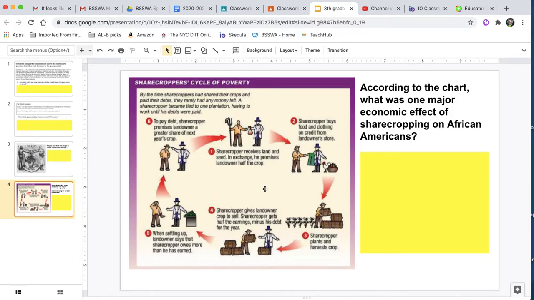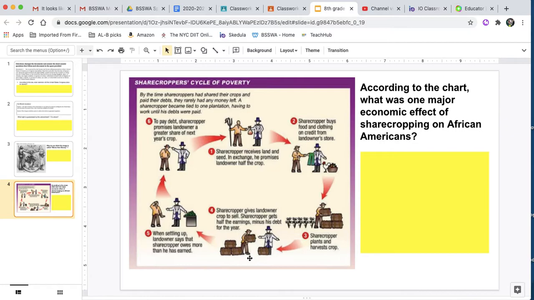Number 1, sharecropper receives land and seed. In exchange, he promises landowners half the crop. Number 2, sharecropper buys food and clothing on credit from landowner's store. Number 3, sharecropper plants and harvests crops. Number 4, sharecropper gives landowner crop to sell.